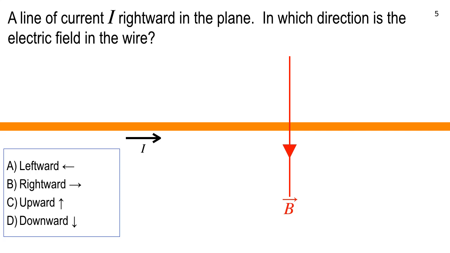And the conventional current is considered to be positive charges, and in this case, positive charges moving to the right. The electric field also points in the direction that positive charges will go. So the correct answer for this one is to the right.